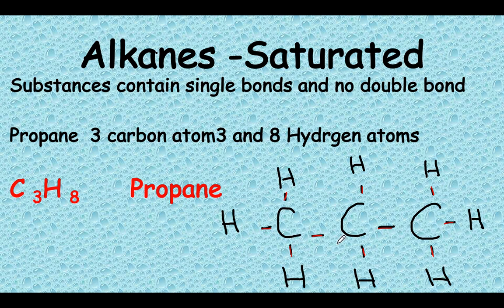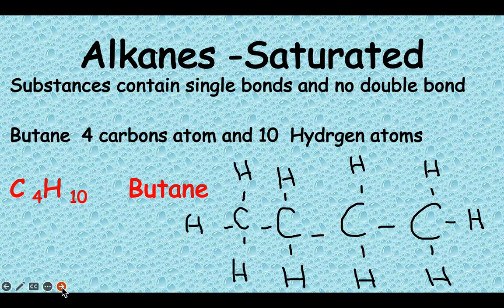Propane means 3, 1, 2, 3, and the "ane" is coming from the alkane homologous series. For the molecular formula, we're going to count how many carbons? 3. How many hydrogens? 8. Showing the bonds is called the structural formula.